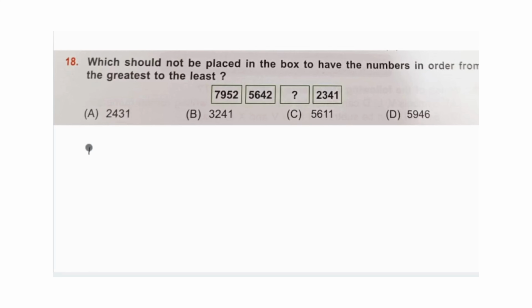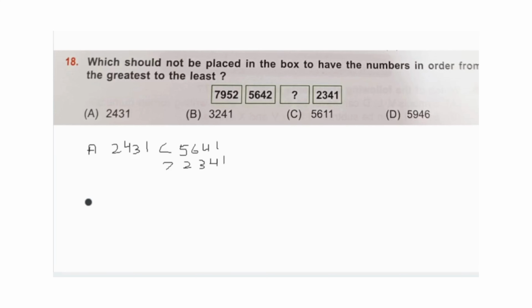Let's say option A is 2431. 2431 can be put in this box because it is less than 5641 and greater than 2341.